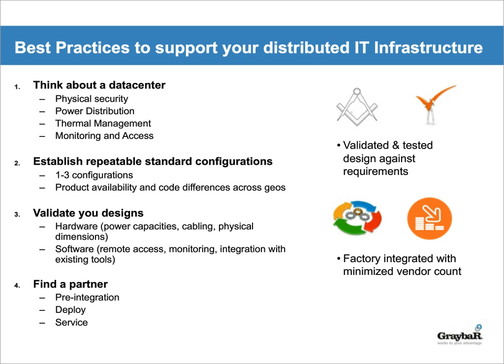And be aware, especially if you have locations that are overseas, be aware of product availability and code differences across different regions, right? But try to get to as few configurations as possible that you can roll out to all your locations.